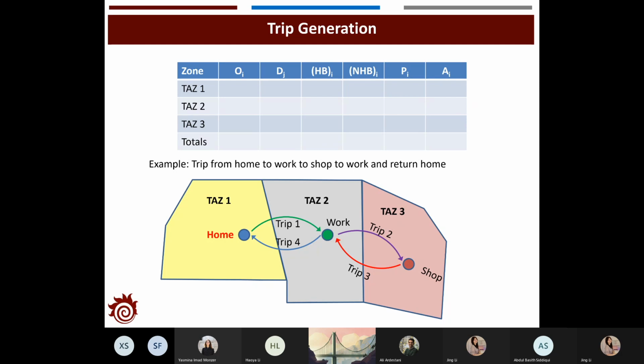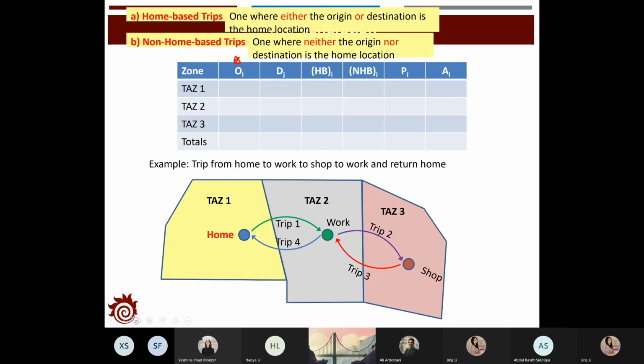Let's start with the origin. In zone 1, we have 2 trips, trip 1 and trip 4. For trip 1, the origin is in zone 1, and for trip 4, zone 1 is the destination. So zone 1 has 1 origin and 1 destination.